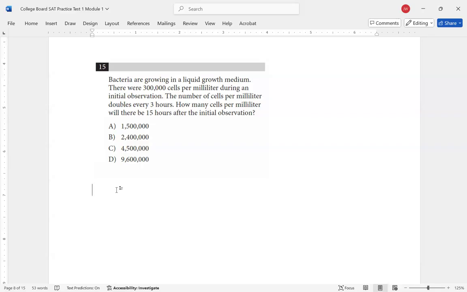So the first thing I want to do is realize that if we're talking about 15 hours and each time frame of a 3-hour period is a doubling, that means there's going to be 5 doubling time periods. So we're going to get doubling to happen 5 times over.